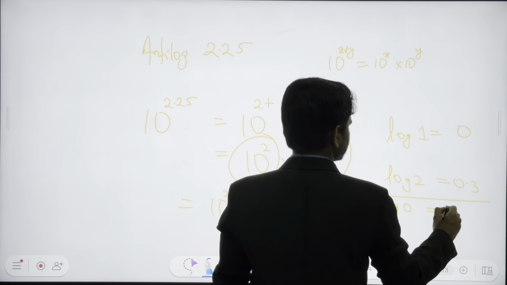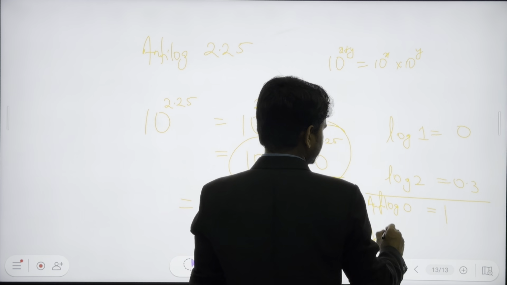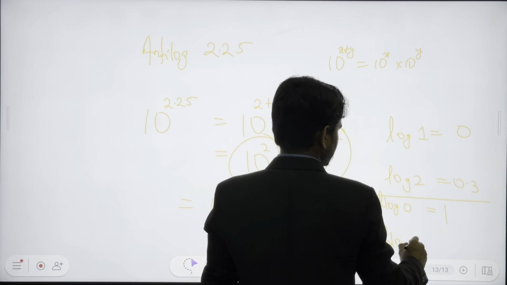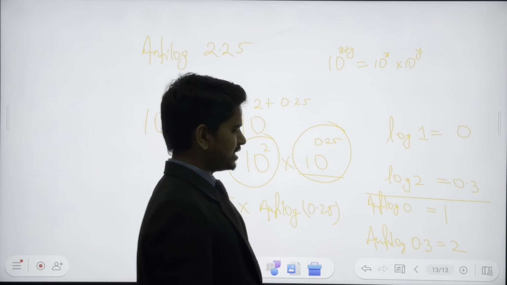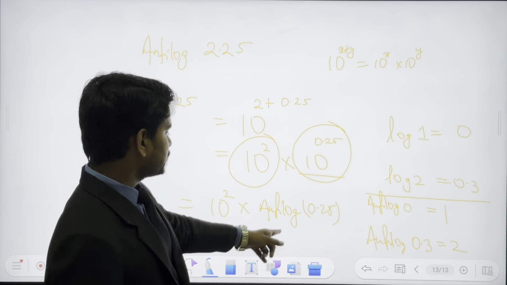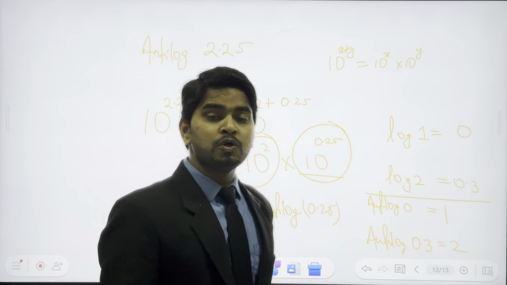So anti-log 0 was 1 and anti-log 0.3 was 2. And here we have to find the value of anti-log 0.25.